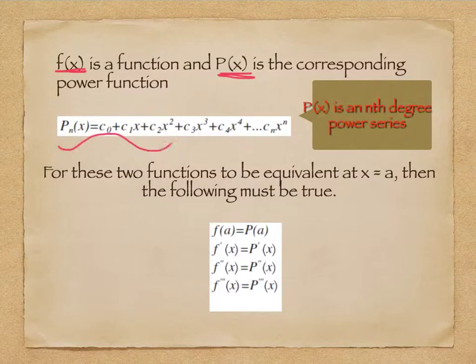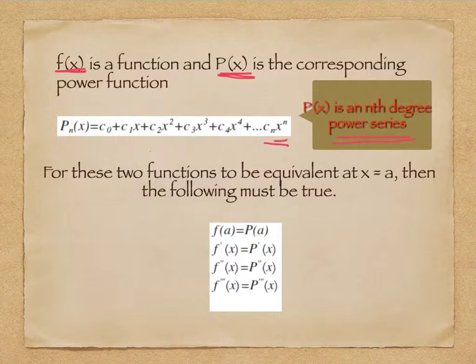We say that p sub n of x is equal to c sub 0 plus c sub 1 x plus c sub 2 x squared plus c sub 3 x cubed, and so on, all the way out to c sub n x to the n. We call this an nth degree power series.